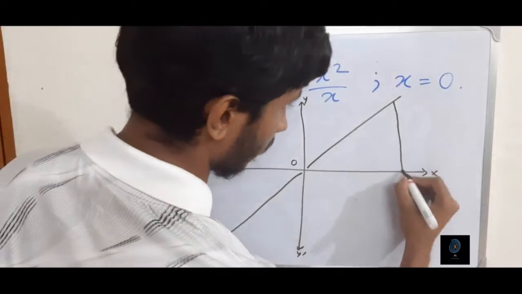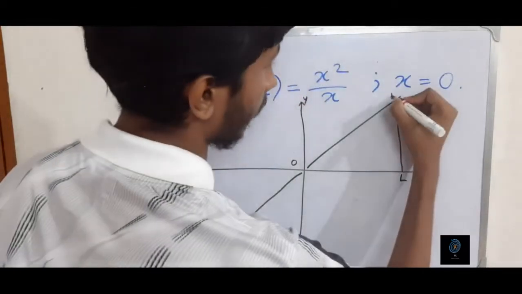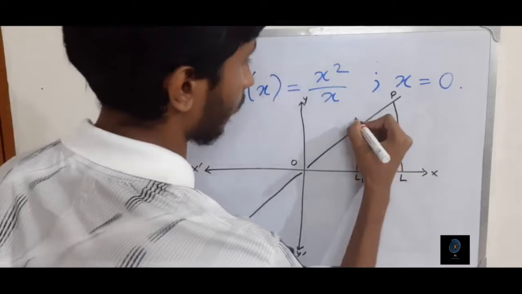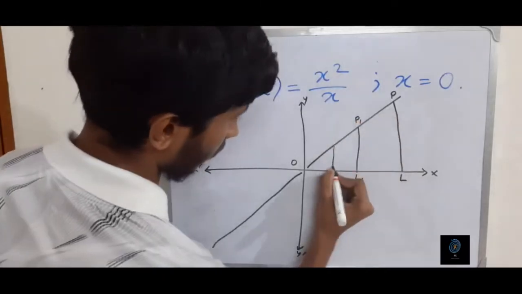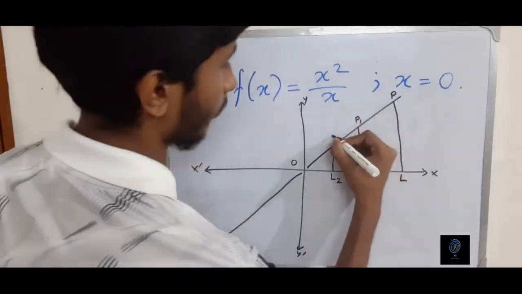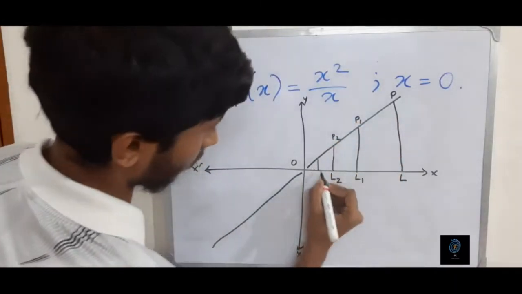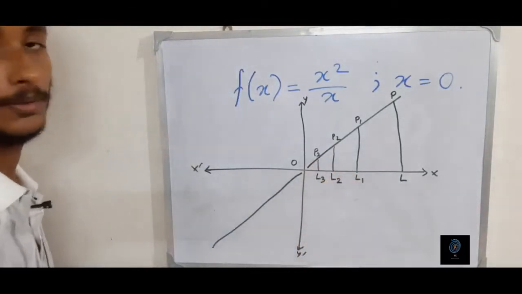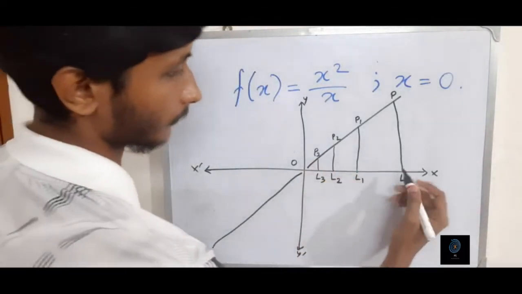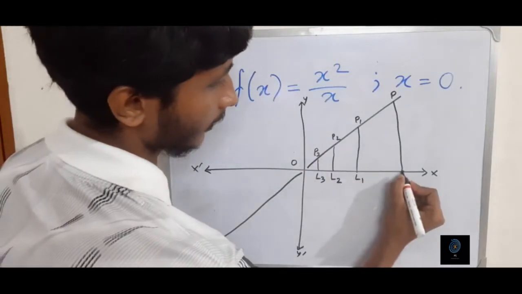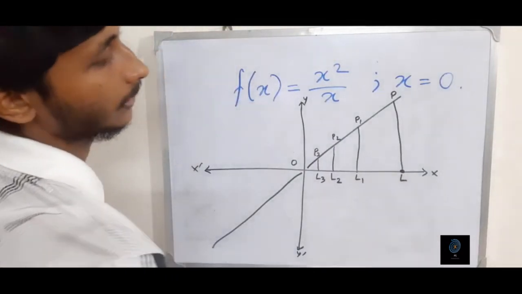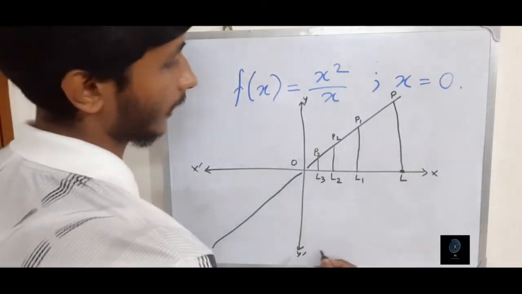Now we draw this. Let this be LP. Let this point be L1, P1. Let this point be L2 and this point be P2. Let this point be L3 and this point be P3. Now you see that when x is at this point, then what is the value of f(x)?